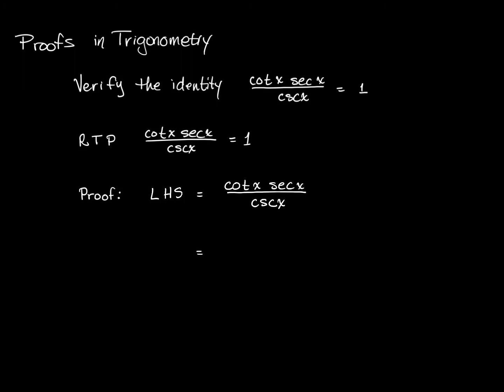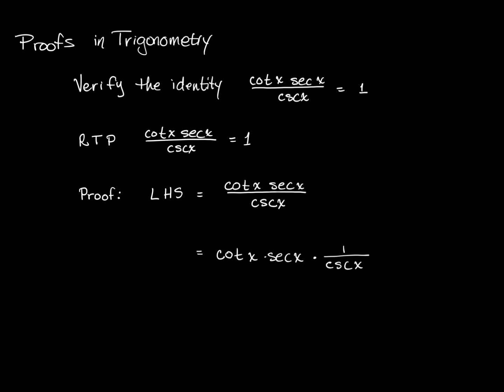I'm going to start the way I did the last time, by writing this quotient as the product of the numerator, cotangent of x, times the secant of x, times 1 over the denominator, cosecant of x. I've simply changed the form that this expression takes.